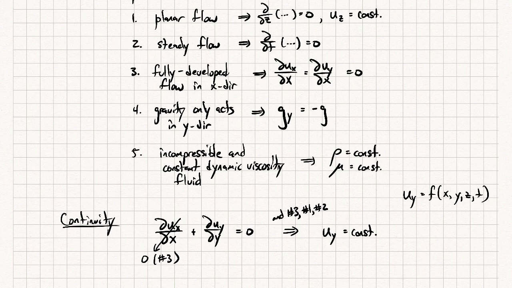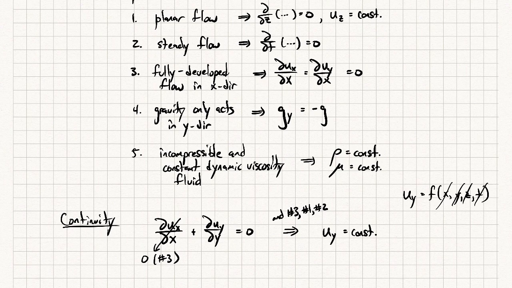Well, we know it's not a function of x because it's fully developed in the x direction. We know it's not a function of y because we just found that from the continuity equation. We also know it's not a function of z because it's planar. That's up here, number 1. And we know it's not a function of time because it's steady. So at best, it's going to be a constant.